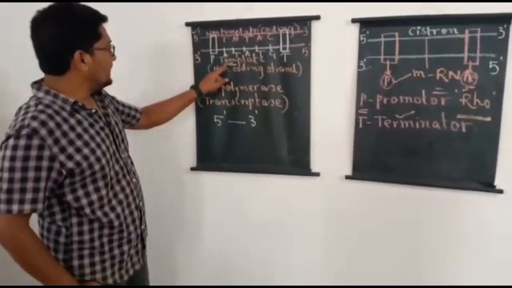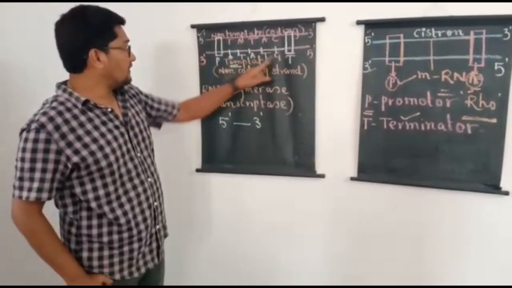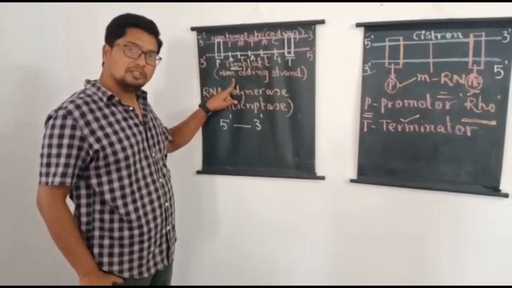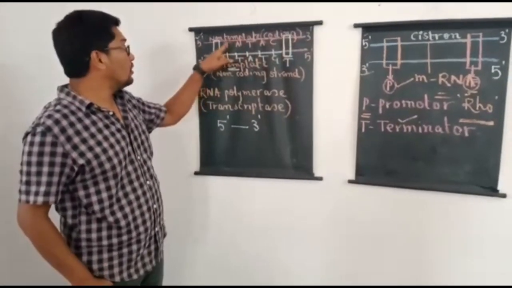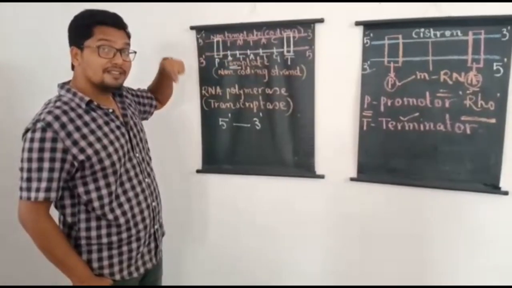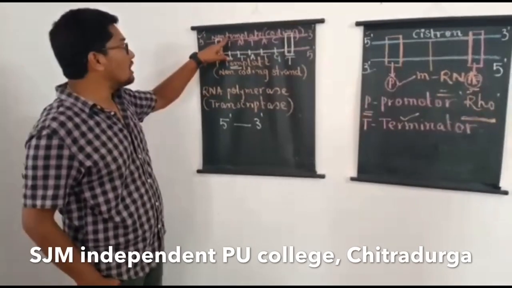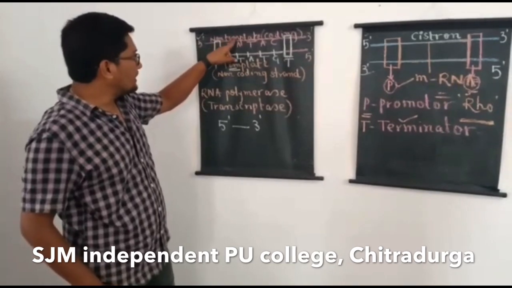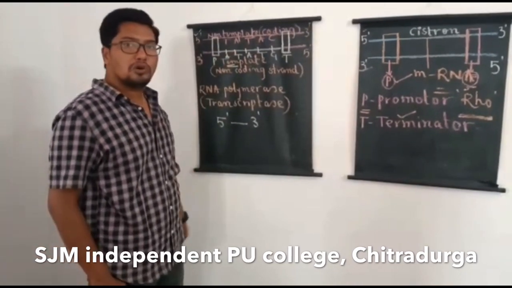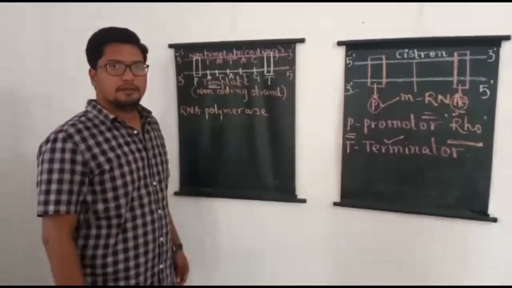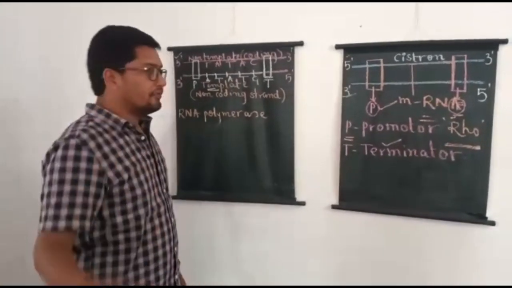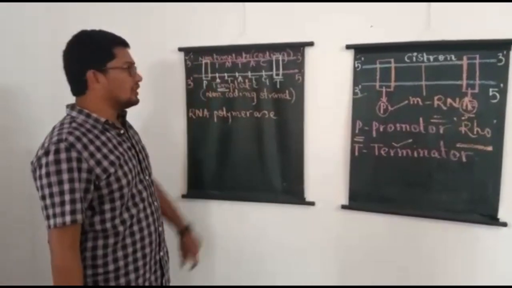So I repeat, the template strand is the 3' to 5' strand, which is also called the non-coding strand, whereas the 5' to 3' DNA strand does not act as a template for the synthesis of mRNA. That's why it is called the non-template strand. But the non-template DNA strand is also called the coding strand.